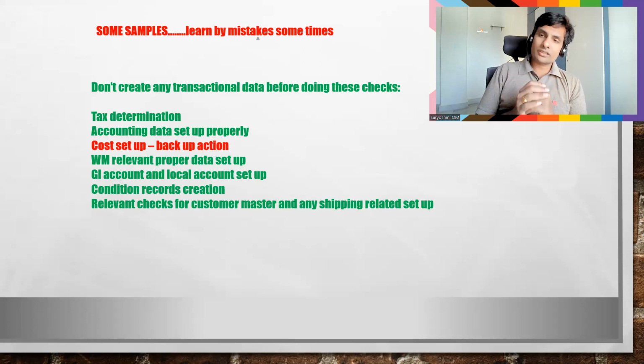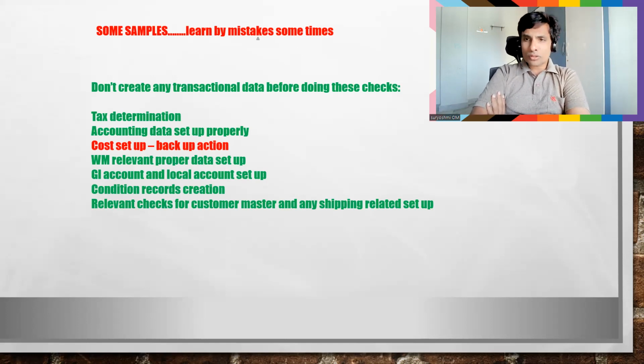So make sure with your FI consultants, before creating any sales order or delivery billing, if you have cost relevant configurations or setup, that the cost run is done for your materials or not. As a backup action: in one of my projects, 7 to 8 important materials got wasted in FUT because the cost setup failed.